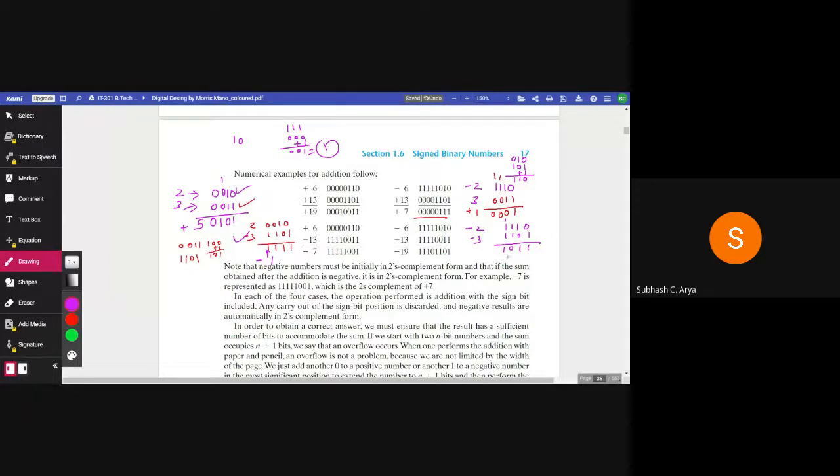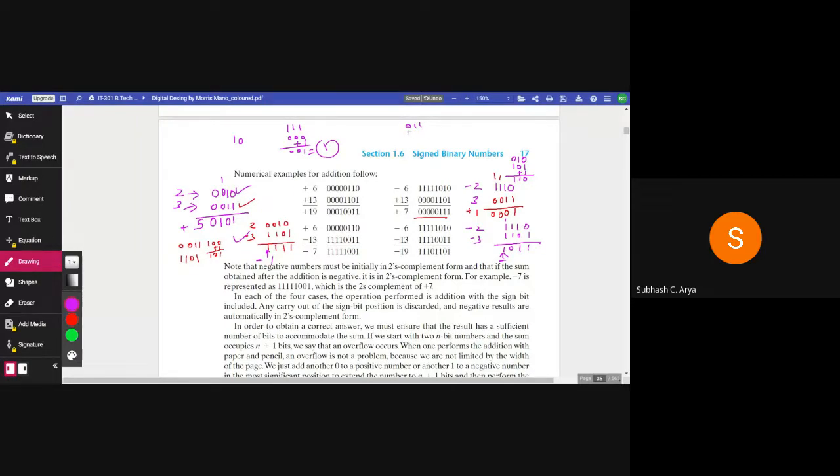This answer means your MSB, or leftmost bit, is 1. It means the answer is negative. And this is the 2's complement form of which number? 0, 1, 1. Let us find out what it is. Take the 2's complement, and we will get its magnitude.